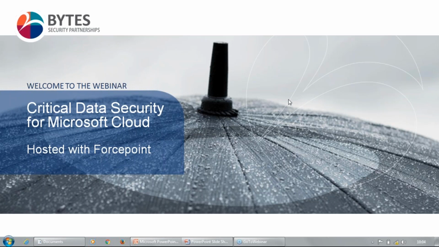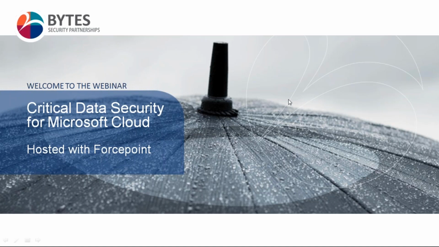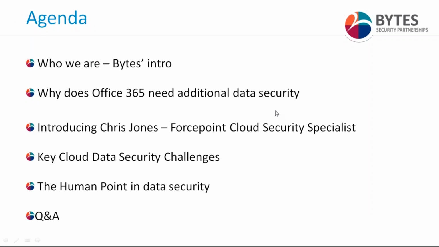So just a little bit of an agenda first as we go through the webinar. I'll be taking you through a very brief Bytes intro. I will keep it brief, as many of you know us already, and talking about why Office 365 needs some additional data security protection around it.